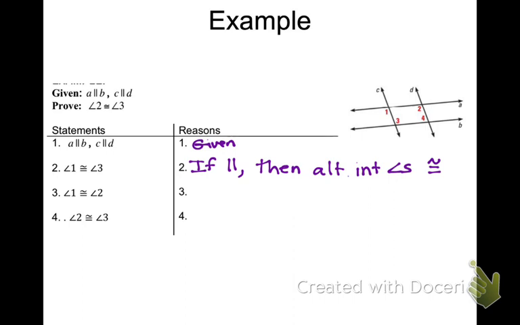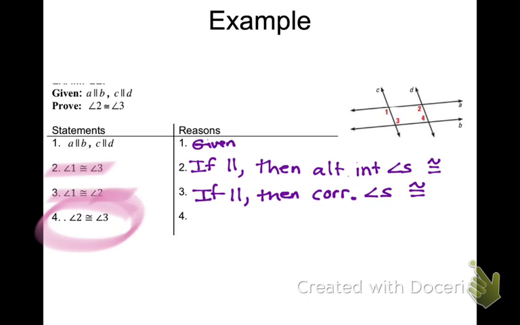Why would 1 and 2 be congruent to each other? Corresponding, good. So if C and D are parallel to each other, then they have to be congruent. So if parallel, then corresponding angles congruent. So then look at what we have. 1's congruent to 3, 1's congruent to 2.